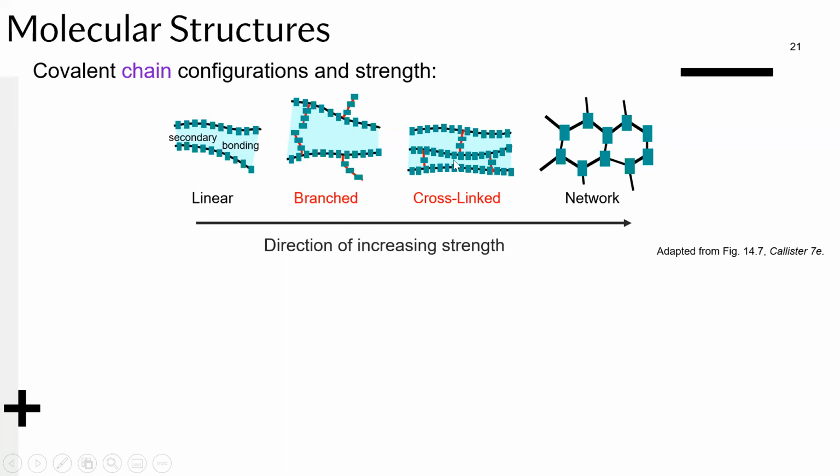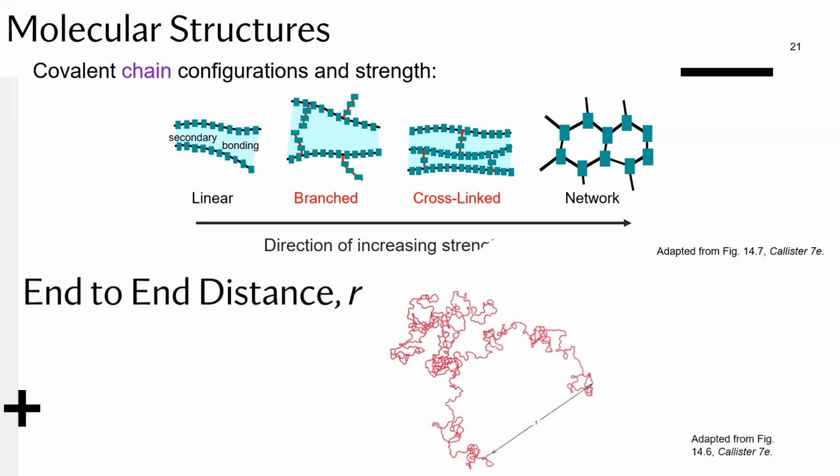These are actually covalent bonds, meaning that these are connected together with an actual chemical bond that keeps them together as an entire mesh altogether. And you can imagine that the strength of these polymers can increase by increasing the cross-linking density and the network basically formation.